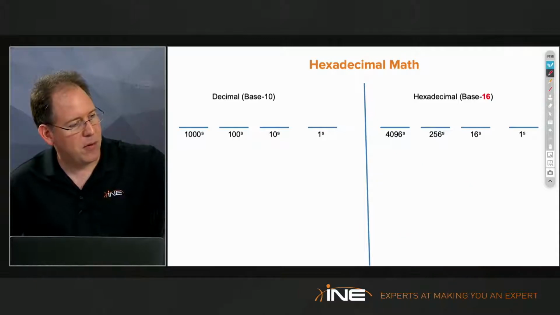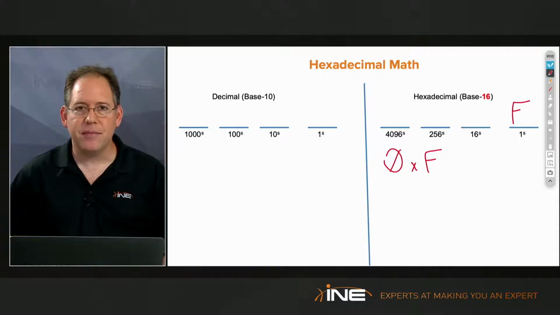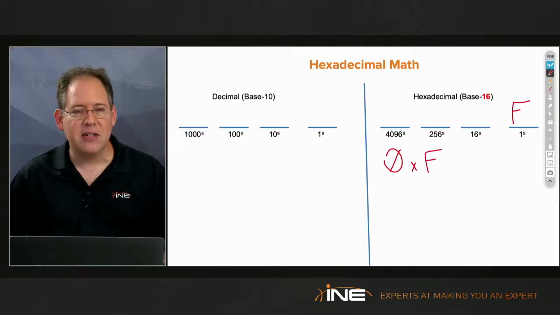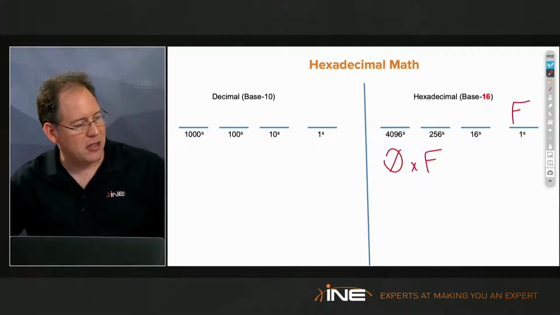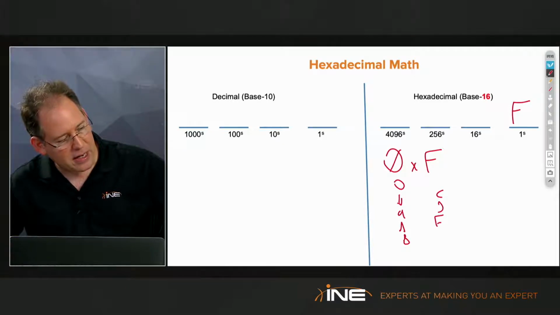What if I put an F right here? 0xf. Well, in my hexadecimal counting system, F was the highest number I could get to. Remember, we had 0 through 9, A, B, C, D, E, and F stood for 15.